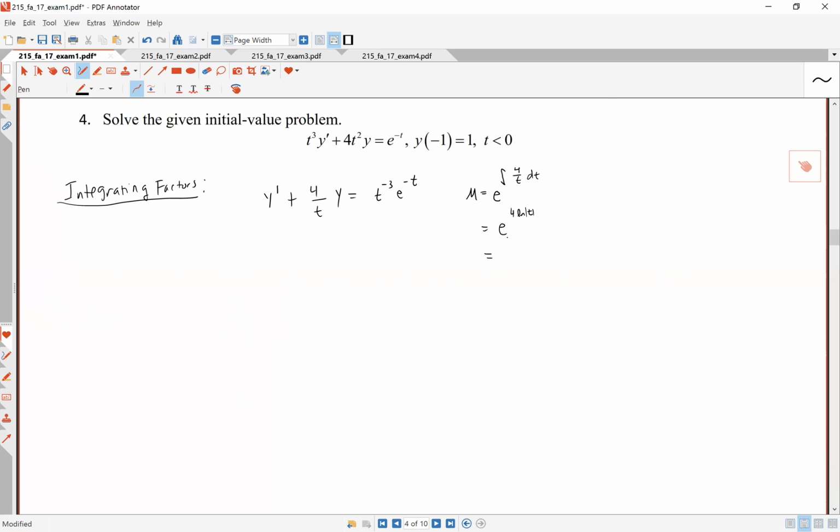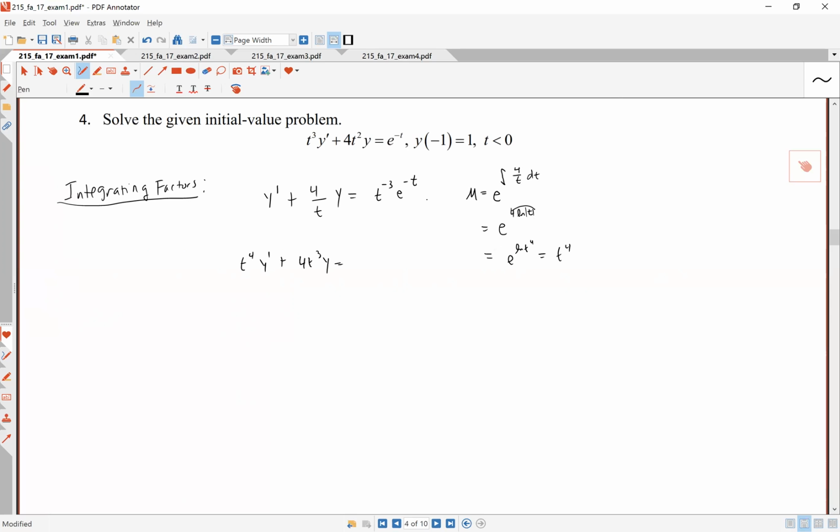We don't need constants of integration when we do integrating factors. The 4 goes up top, and we have e to the natural log of t to the fourth, which is just t to the fourth. So now we multiply the left side by t to the fourth. And t to the fourth times t to the negative 3 is t.